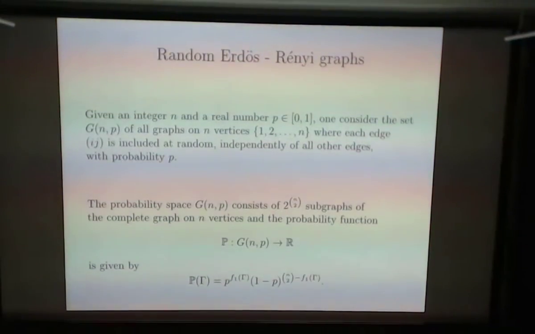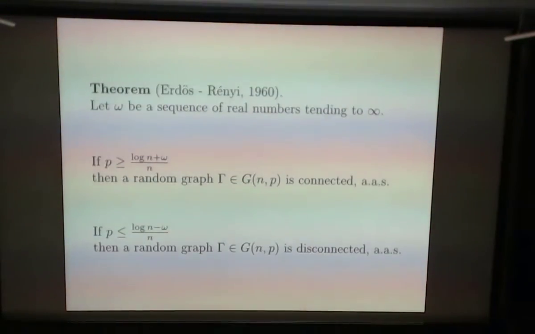So this is a classical model from Erdős-Rényi from 1960, and one of their most important theorems says the following: it describes connectivity of a random graph. So if omega is an arbitrary sequence of real numbers tending to infinity, then for p greater than (log n plus omega) over n, the random graph is connected asymptotically almost surely.